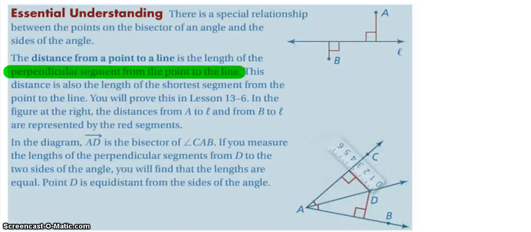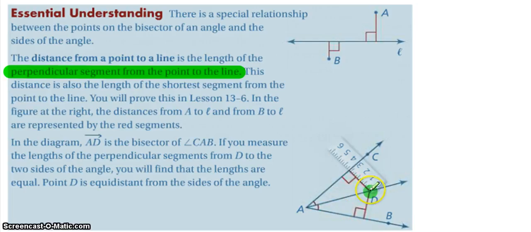So now we're going to start talking about angle bisectors, and we see this special relationship here dealing with the distances between a point on an angle bisector and points on the larger angle that it is bisecting. If we choose a point on the angle bisector, say point D here, because AD is my bisector, it's cutting into two congruent angles.